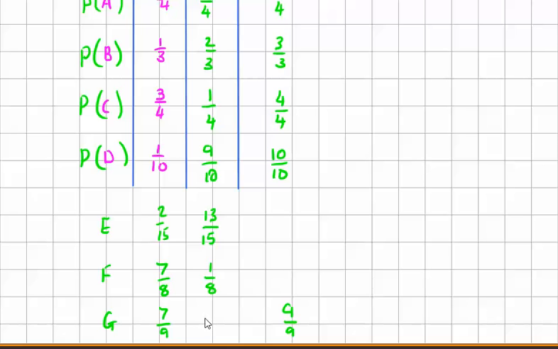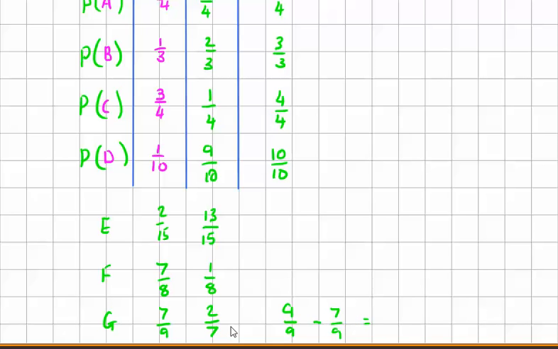So we're doing 9 out of 9 take away 7 out of 9. Just do 9 minus 7. 9 take away 7 is 2.